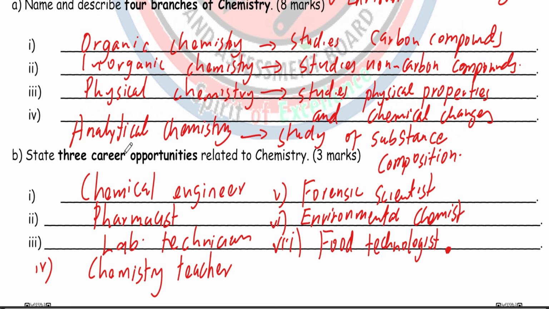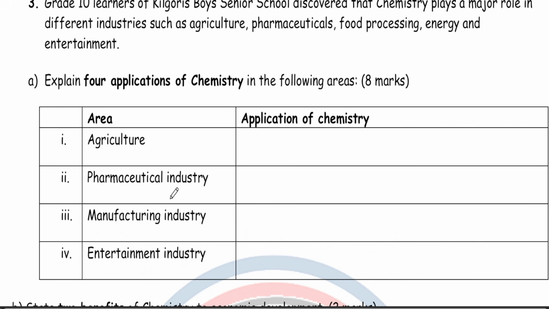So yeah, very easy. Now let's go to question 3. Grade 10 learners of Kilgoris Boys Senior School discovered that chemistry plays a major role in different industries such as agriculture, pharmaceuticals, food processing, energy, and entertainment. Question A. Explain 4 applications of chemistry in the following areas. Agriculture. So how do we apply chemistry in this field?